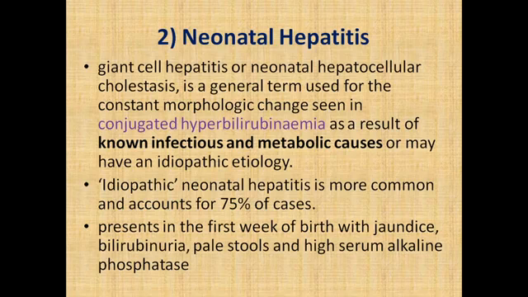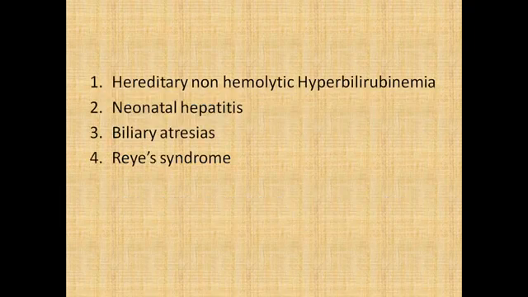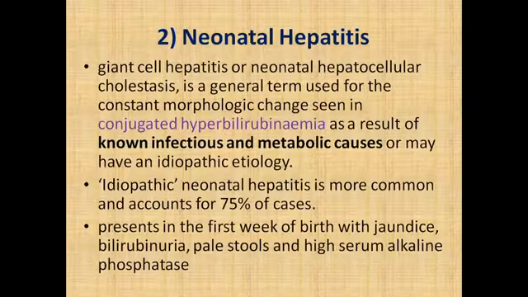Now, second topic, neonatal hepatitis. The other names of neonatal hepatitis are giant cell hepatitis or neonatal hepatocellular cholestasis. In general, the term is used for the consistent morphological changes in conjugated hyperbilirubinemia. What are the causes? Either infectious, metabolic, or idiopathic etiology.